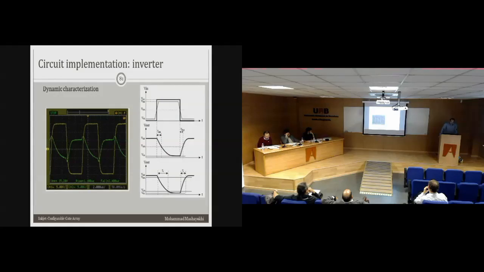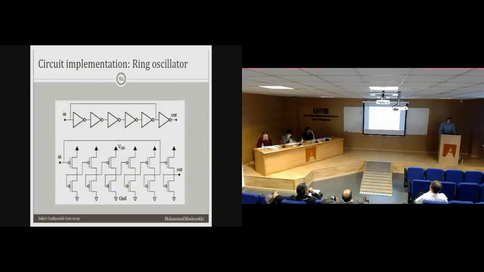We also did the dynamic characterization of the inverters, ending in a propagation delay of 1.1 microsecond, and this is later used for measuring the expected frequency of the ring oscillators. We went forward and designed some 5-stage ring oscillators.